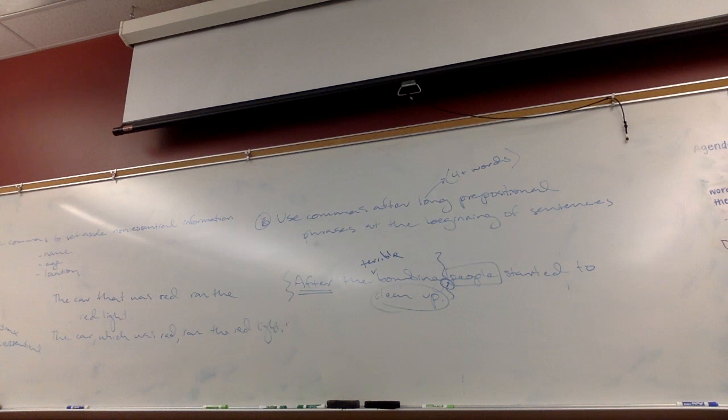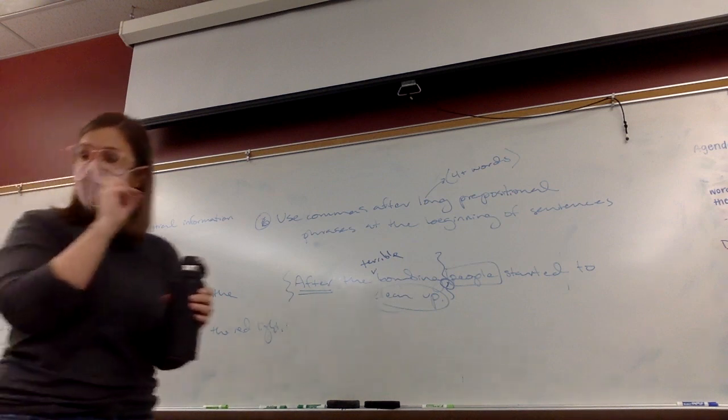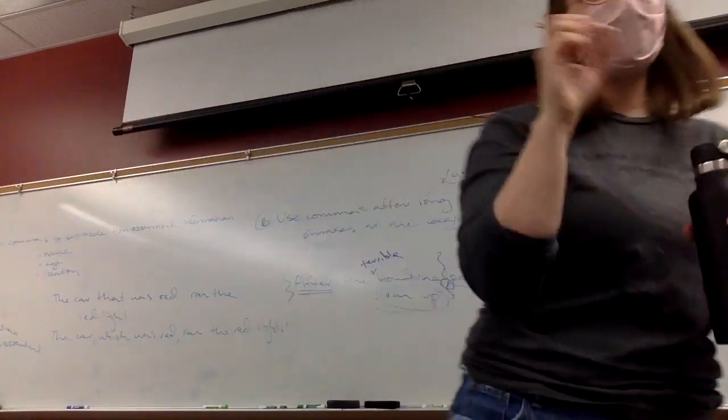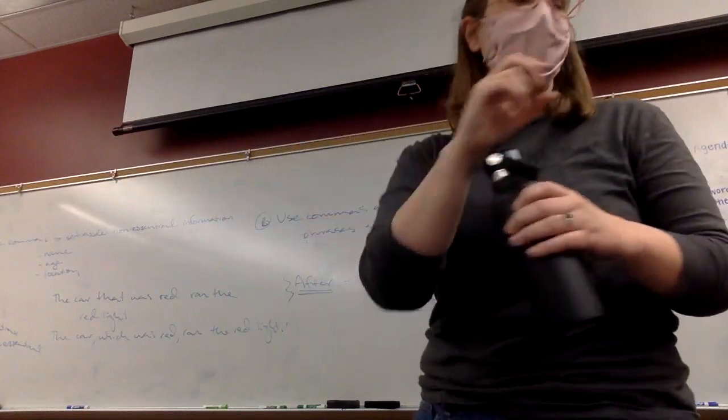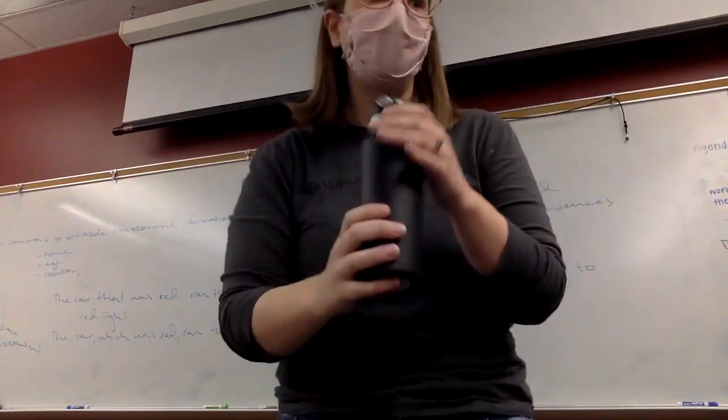Okay, now with the person next to you, I want you to find the rule that explains why you do or do not need commas in those 2 sentences, and just write it right underneath. Like you need a comma because of this rule, or you don't need a comma because of this rule. So do it for both of those 2 sentences, and talk to the person next to you. Make sure you got it the same one.